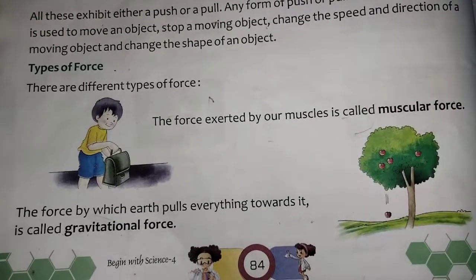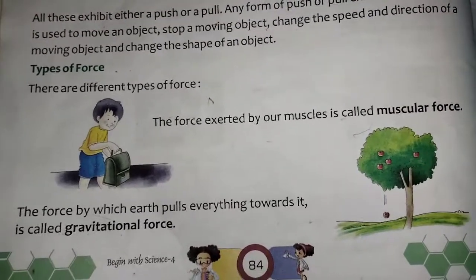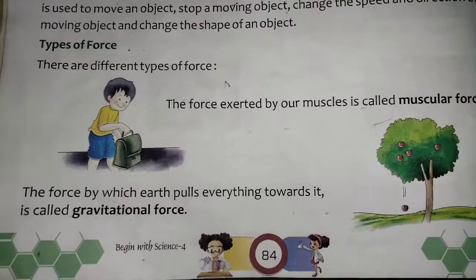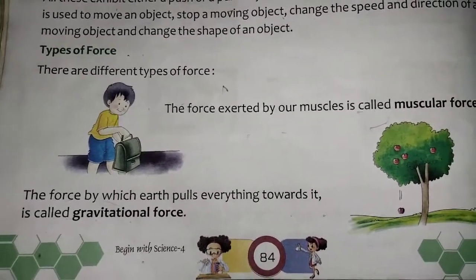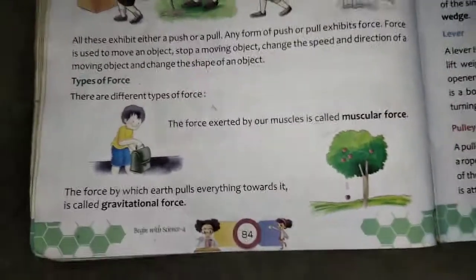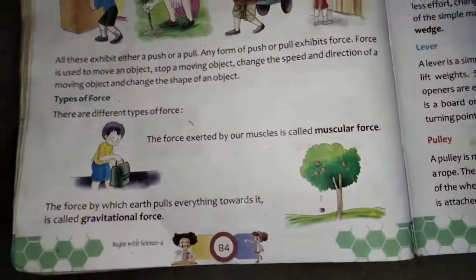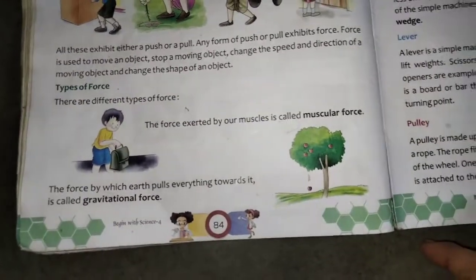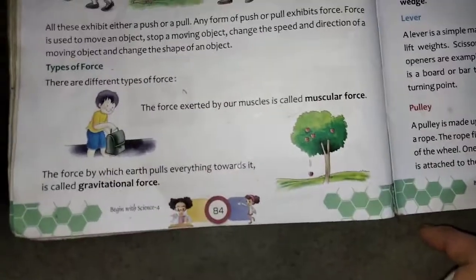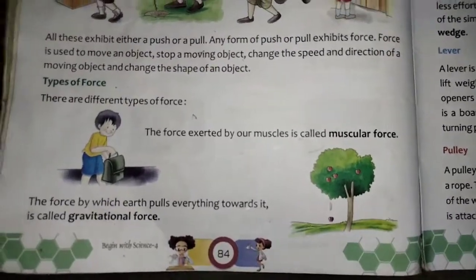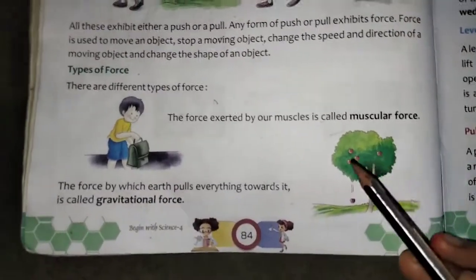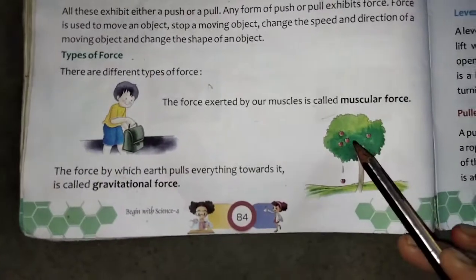Now you can see the gravitational force. Gravitational force means whatever falls from up will come down only, children. If I throw this pencil up, it will come down only, because the earth has gravitational force. Gravitational means it attracts all things. Now you can see this apple tree.